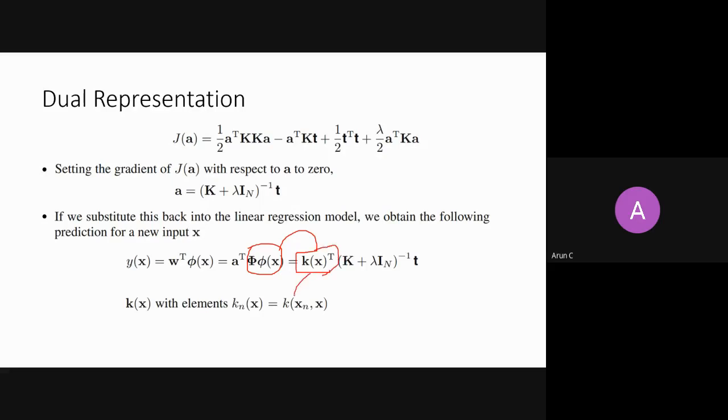So here n is like sample 1, sample 2, sample 3, and x is where I want to predict. K is nothing but a dot product, right? I said my kernel function here is linear, so it is nothing but phi transpose x into phi, right?